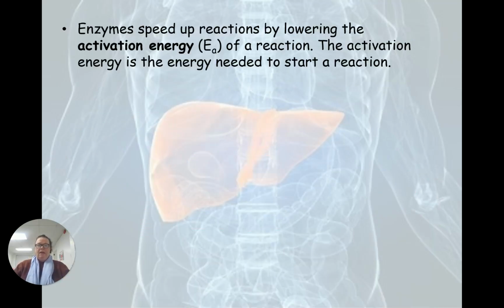Now, this is a little bit which comes up sometimes as a 1 marker, sometimes a 2 marker. More in Edexcel, but I have seen it come up in AQA, so just be aware. Just like catalysts in chemistry reduce the activation energy of a reaction, so it goes faster, enzymes do exactly the same.